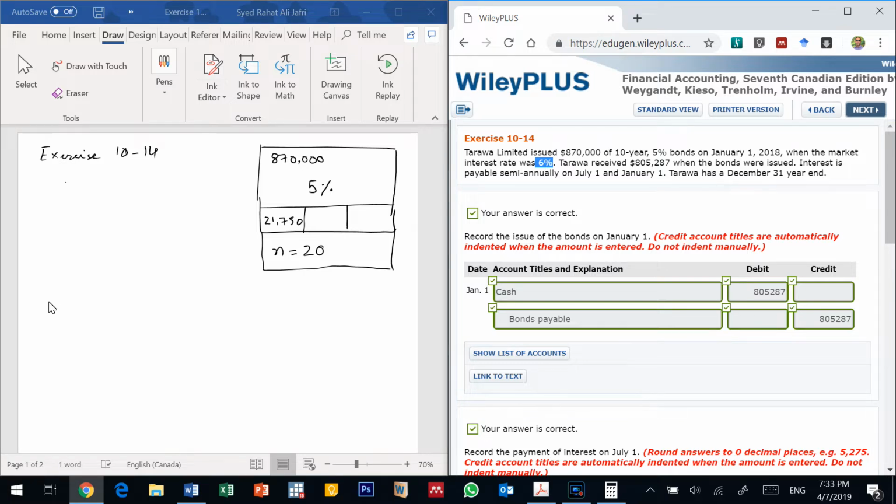So interest expense on July 1 is 805,287 times the market rate, which is 6%, and because it's semi-annual, I would say 6 by 12.